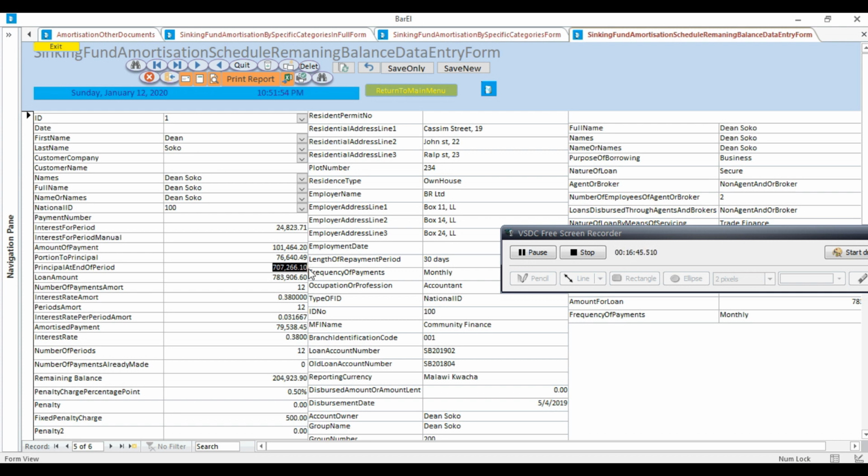Then you do this one. This becomes the loan amount. Go back here and pick 101,464.20.